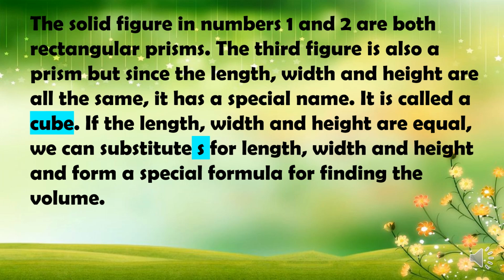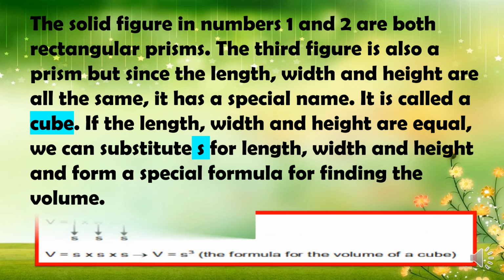If the length, the width, and the height are equal, we can substitute S for the length, the width, and the height, and form a special formula for finding the volume. So we have V equals S times S times S, or it can be V equals S cubed. So that is the formula for the volume of a cube.